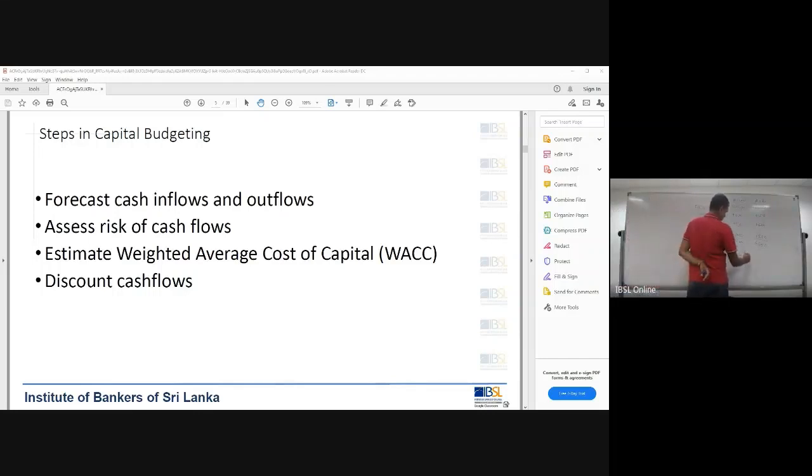Get total of 44.5 divided by 415. So your weighted average cost of capital is 10.72%.